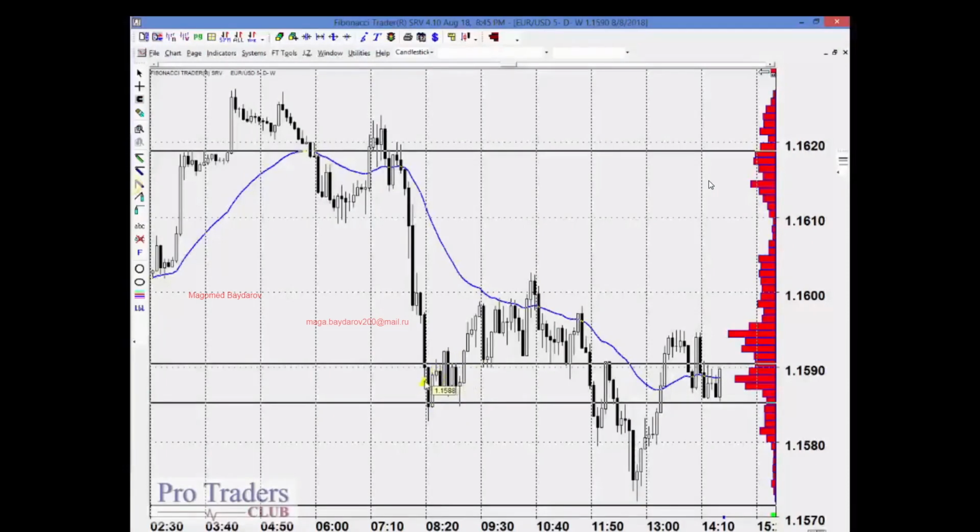Now, the longer it endures this range and price just trades within this natural range, effectively what price has done is a price move was triggered by, perhaps in this particular case, an event, or the fact that we were in a low liquidity state and price pushed against the weak side.